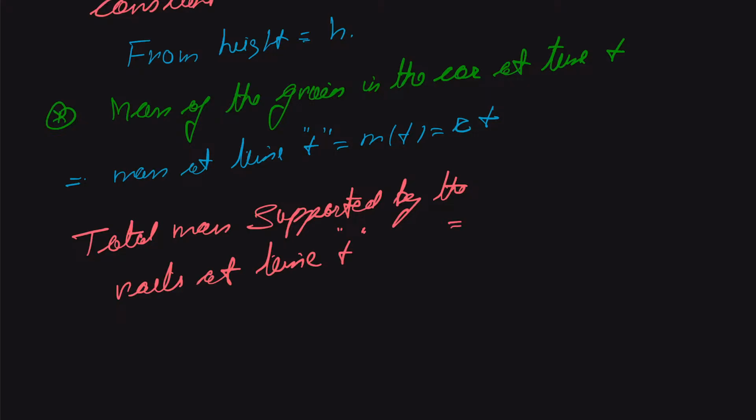Let us denote this as capital M T at a certain time t. It will be equal to the mass of the freight car, that is our M, plus the mass of the grains at time t, that is R of t. So this summation is our total mass supported by the rails at any time t.